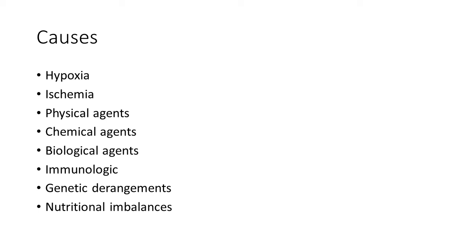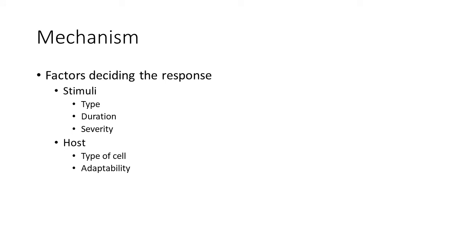Now that we have seen the causes, let's move on to the mechanism of cell injury. Before going into the mechanism, let's also see the factors which affect this process. The factors which affect this process can be grouped into two: the factors pertaining to the stimuli in question and the factors pertaining to the host, that is the cell in question.